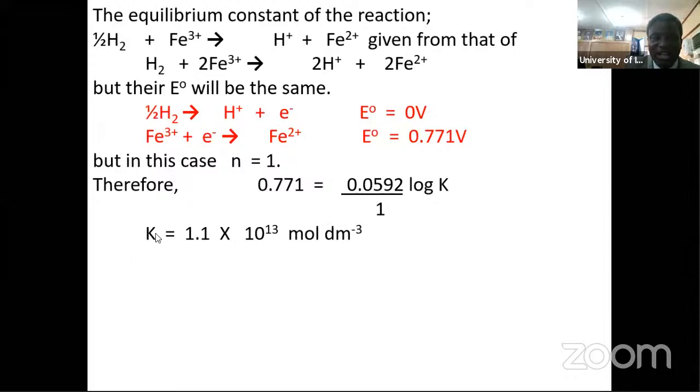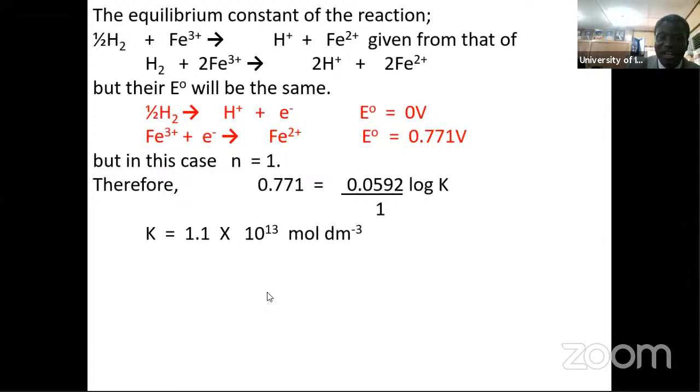The value of your K is 1.1 times 10 raised to power 13, and your unit here is mole per dm cube, because if you look at this equation, you discover that what you are going to have is mole per dm cube. So the number of electrons that are actually involved will go a long way to change the value of your K, and will also change the units that you are likely to have from it.